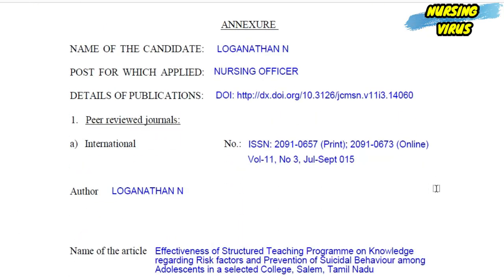The next one: if you have published any paper, this annexure can be filled. If you have not, it is not compulsory. Since I have published a paper, I have filled in all this information. My name, the post applied for and the details, the DOI I have given, the international journal, the numbers and the reference detail I have given.